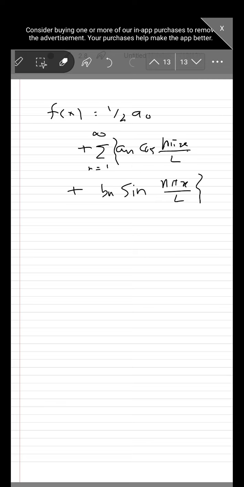And so this Fourier series is defined in the interval between minus L to L, and it has a period of 2L.